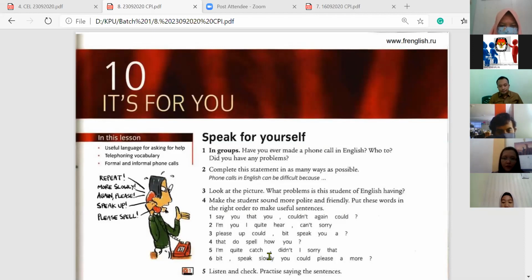Spell that. Everybody says the same thing. Correct. Don't forget to add the auxiliary verb "do" when you ask a long question, so "how do" or "how does." Very good. All is correct.